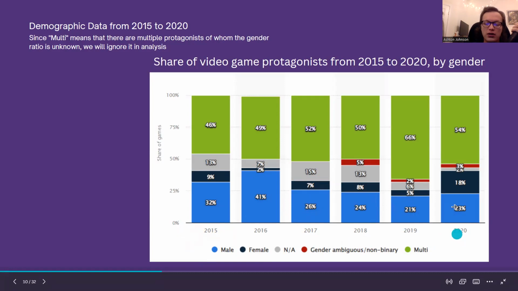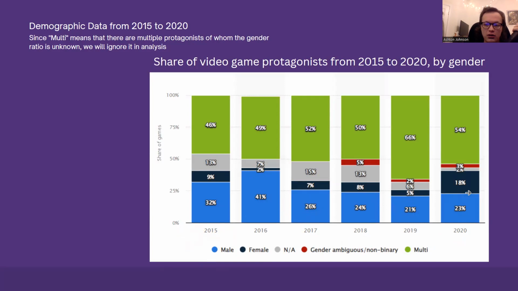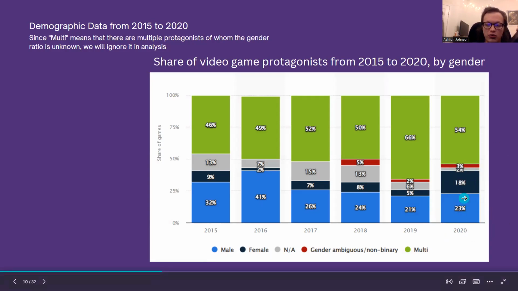And then in 2020, it's 23 to 18, which is an insane increase, and a much more stable movement towards true representation of the people that are playing these. As in the US, it's 50.9% male and 49.1% female, the current demographics of the country. So we want to see a pretty equal balance between these two.